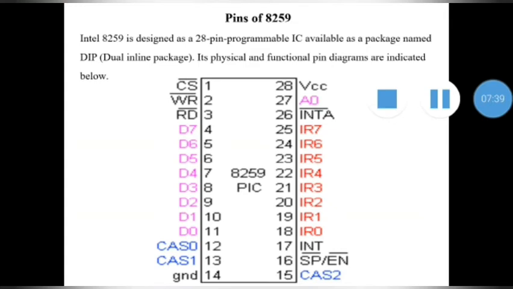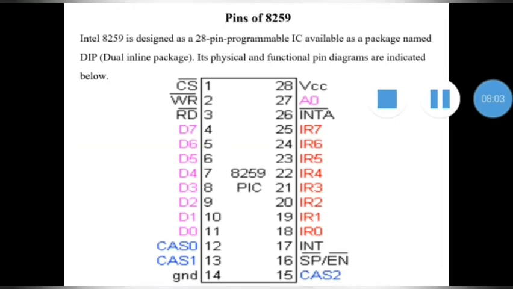Then the next pin is INT, the interrupt signal. This pin goes high whenever a valid interrupt request is asserted, and it is used to interrupt the CPU. It is connected to the interrupt input of your processor.